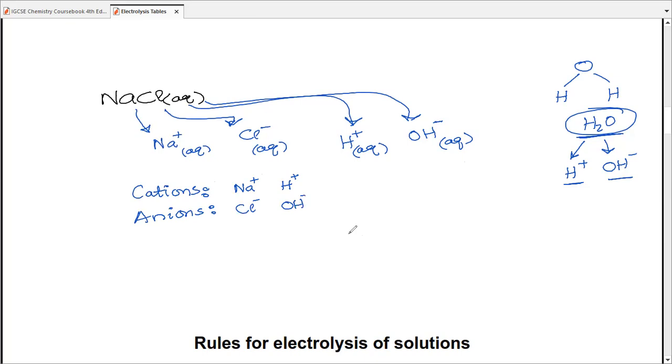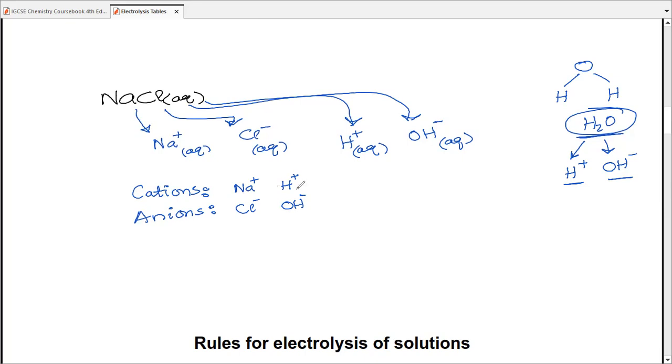Which means when I talk about movement of cations towards the cathode or anions towards the anode, I will be talking about two cations going towards the cathode or two anions going towards the anode. And whenever stuff like that happens, and there are two parties competing against one another, it becomes more like a race. One has to win, one has to lose whenever it comes to a race, whenever it comes to a competition.